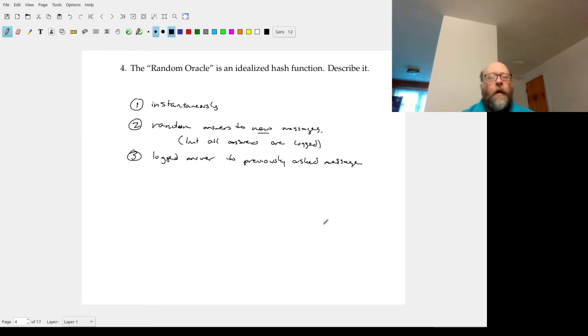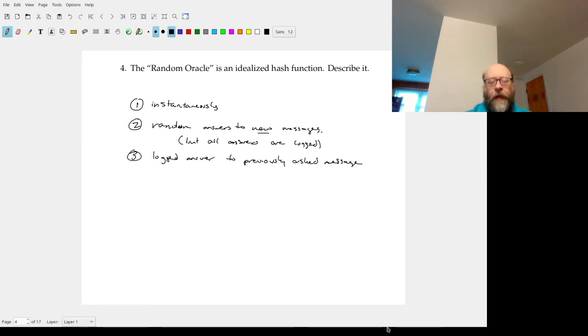Okay, so how does that satisfy the things that we want for a hash function? Well, obviously it's fast because as long as we're being hypothetical, instantaneous is as fast as we can get. The randomness is what helps defeat the collision aspects.